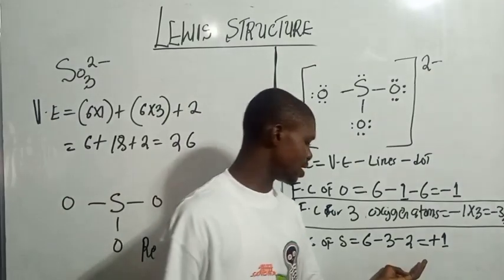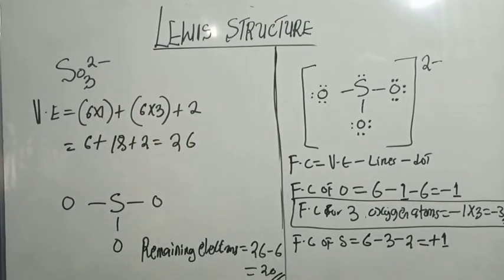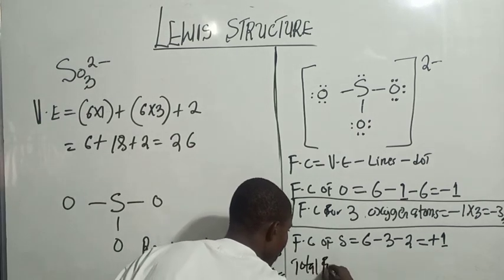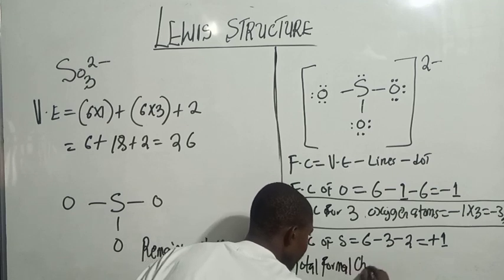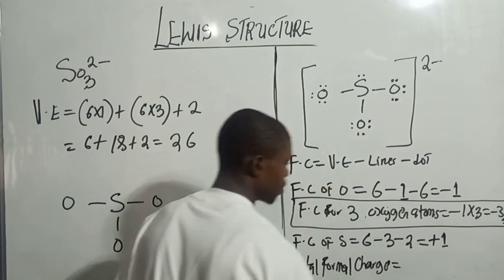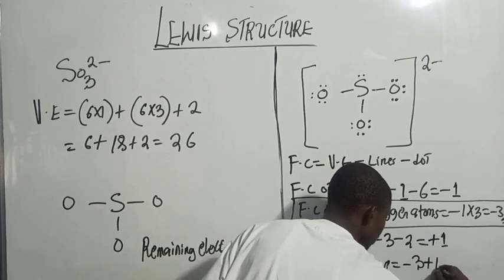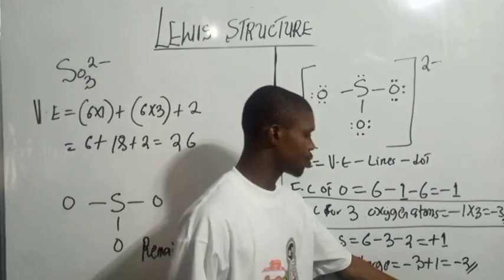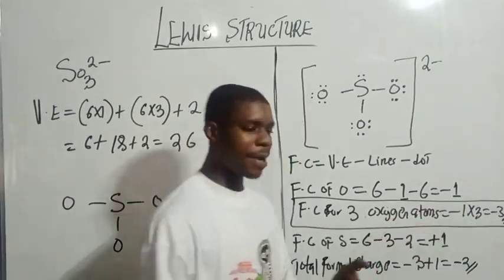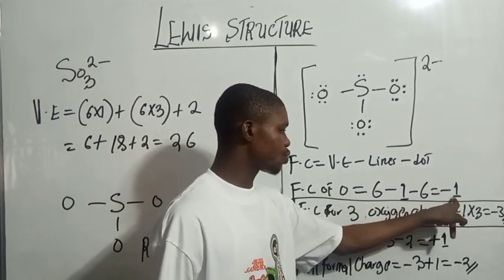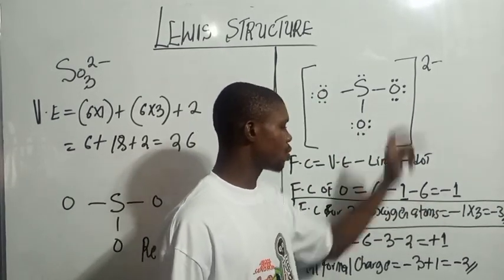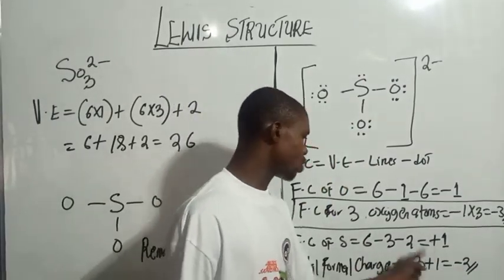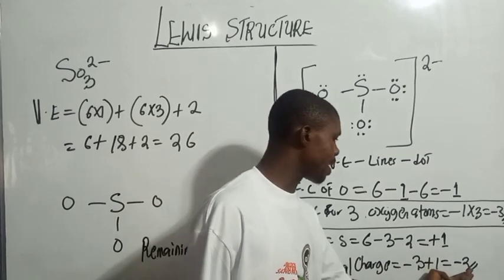So the total formal charge here is minus 3 plus 1, which equals minus 2. Where did I get the minus 3 from? Remember the formal charge of oxygen here is minus 1, minus 1, minus 1, which is minus 3. Therefore sulfur is plus 1. So when you sum them together, it is minus 2.